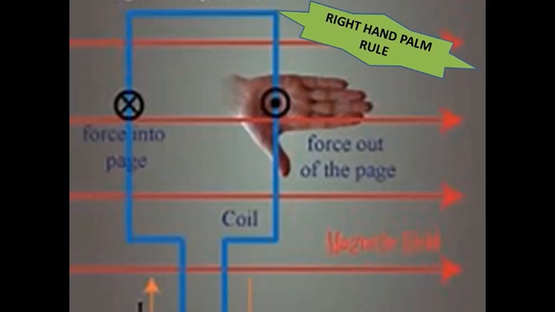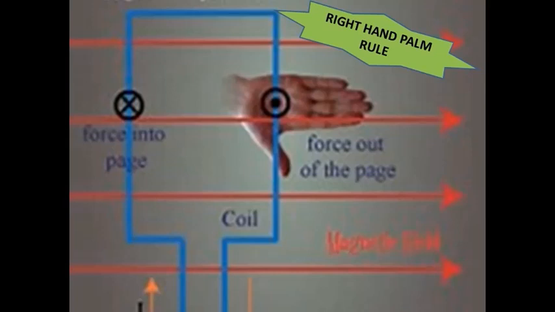Hold your fingers in the direction of the magnetic field line and thumb in the direction of the current, then the direction perpendicular to the palm is, you'll find, towards the paper, towards the screen. That means the left arm of the rectangular coil will experience a force inwards towards the screen, and the right arm of the rectangular coil will experience a force outward away from the screen.